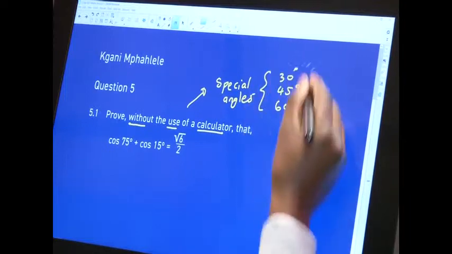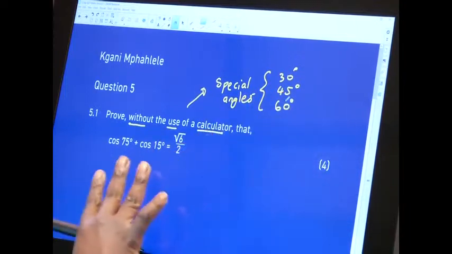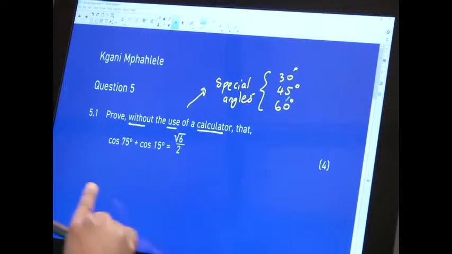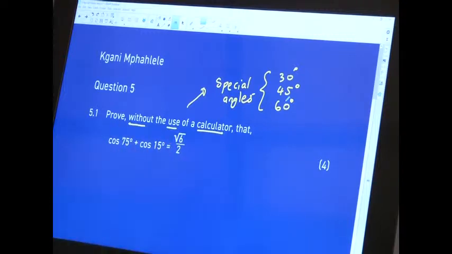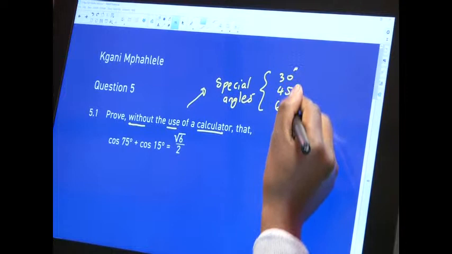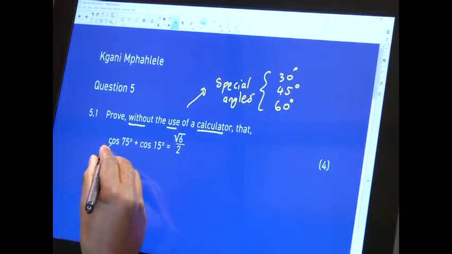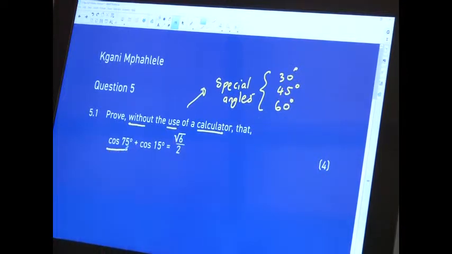So somehow I need to take these numbers and incorporate them in trying to simplify what we have on the left-hand side until my answer becomes root 6 over 2. So now the big question comes in, and it is, how does 30, 45, and 60 come into the first part, which is cos 75?